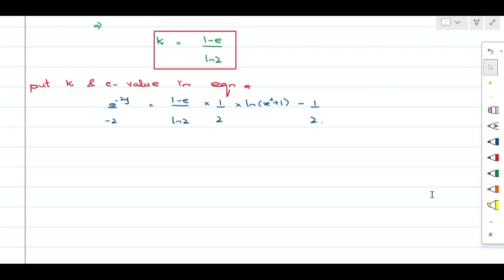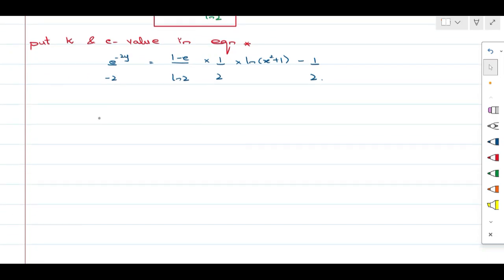Again, 2 is common on both sides. So here we can say minus 1 by 2 e power minus 2y, and we can take 1 by 2 common: (1 minus e) over natural log of 2 into natural log of x squared plus 1, and negative 1.